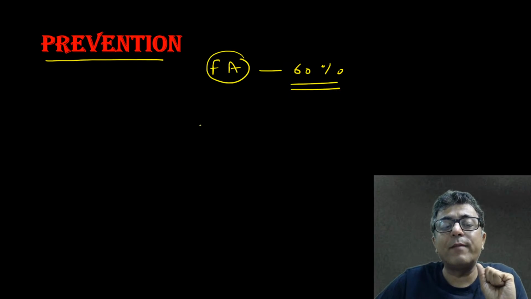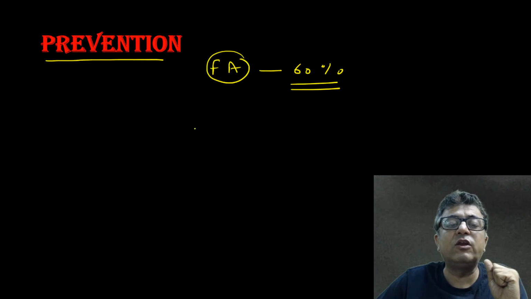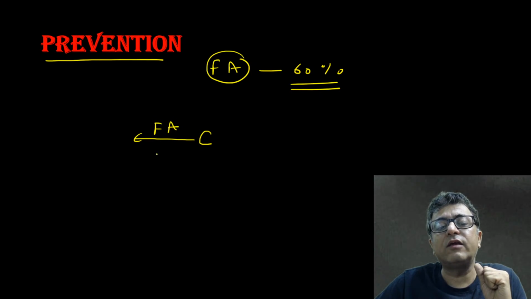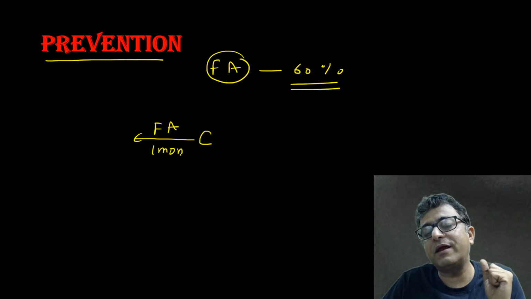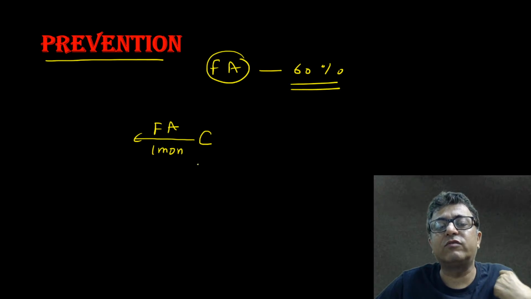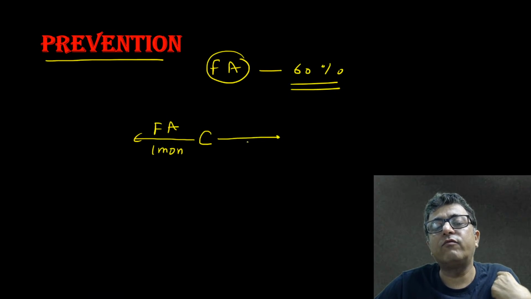What we suggest to parents whose first baby has a neural tube defect is that the mother should start taking folic acid 1 month prior to conception, when they are planning pregnancy, and continue it for 3 months of pregnancy.